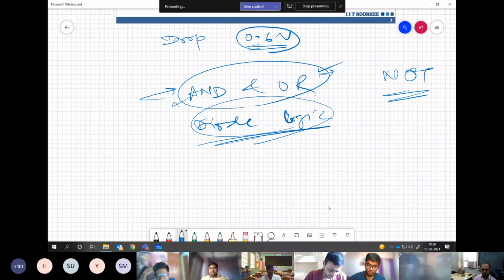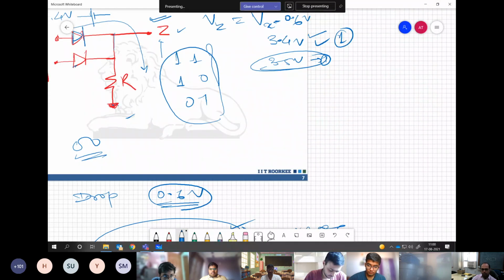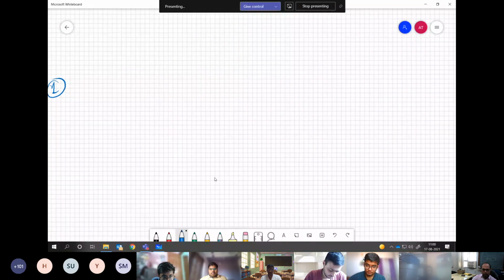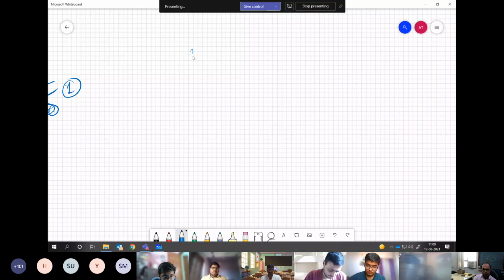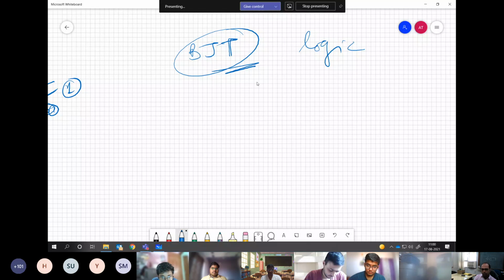Of course, the diode is not universally accepted for logic design. It is used in combination sometimes, but not alone. That's why we move next to the BJT, the next device we are going to discuss, and the logic combinations based on the transistor. We will discuss BJT in the next class.